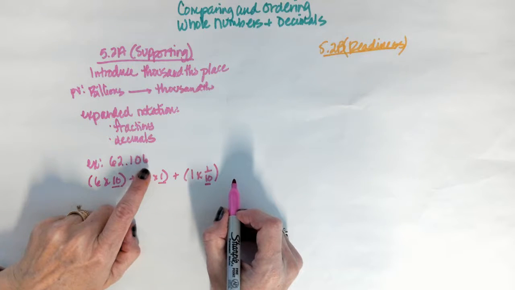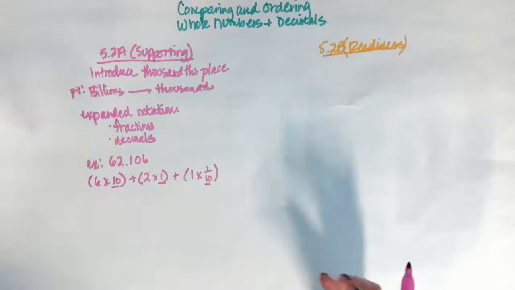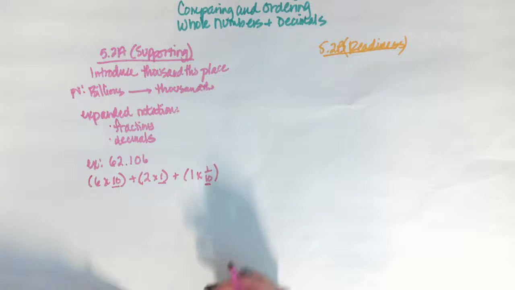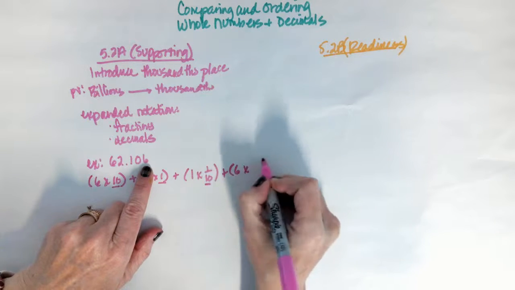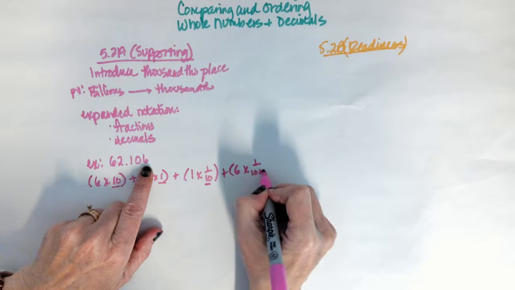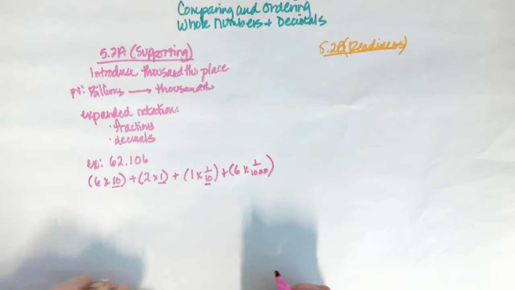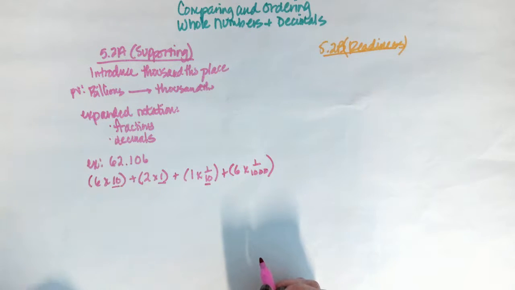If you have a student who needs to put every place value to help with the structure with a lot of numbers like this, that is fine. Please allow that and then help them move past that. So the next one I will do is the 6, and it is in the thousandths place. So this is one way to write expanded notation for 62 and 106 thousandths.